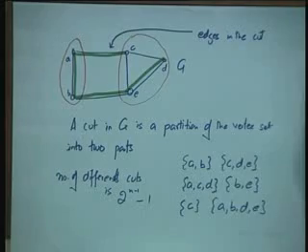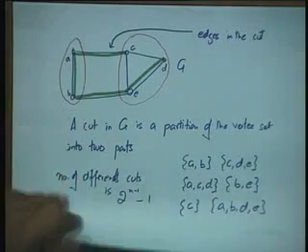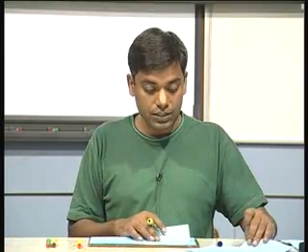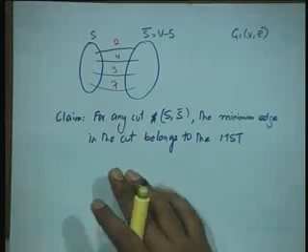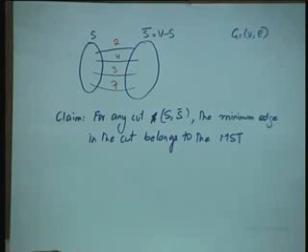So it's not necessary that for any cut there is only one edge which is part of the minimum spanning tree. There could be more than one edge which is part of the minimum spanning tree. But all we are claiming is that the minimum edge in the cut will belong to the minimum spanning tree.